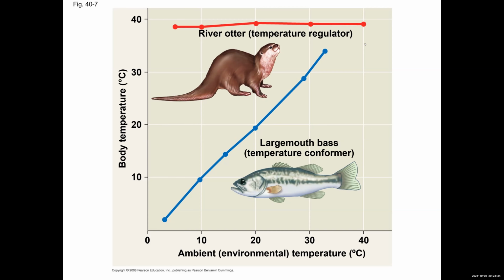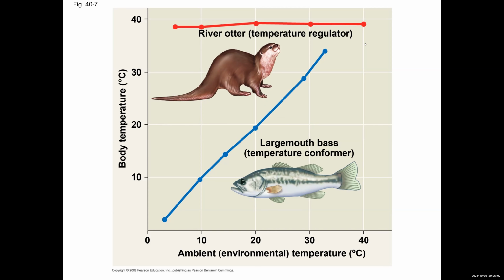But there are organisms that mostly are going to have their body temperature change if the temperature of the environment changes. And then there are other organisms that are going to actively control their body temperature, make it independent from the external environment. And so no matter what happens to that environmental temperature, at least within the range that life can be supported at, their temperature is going to stay the same, right?